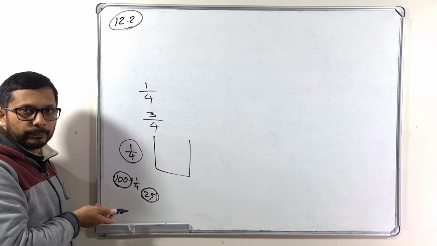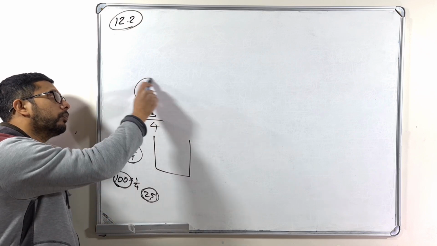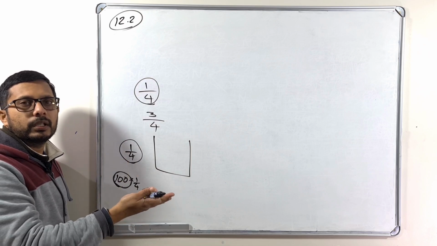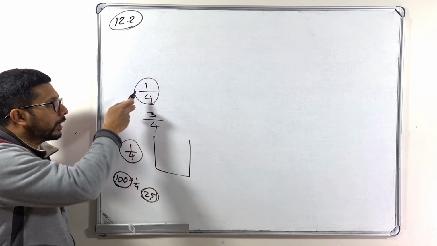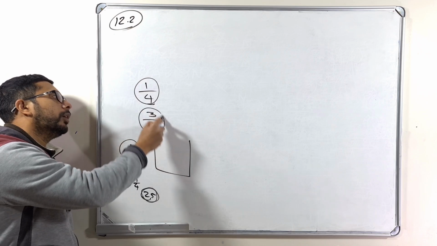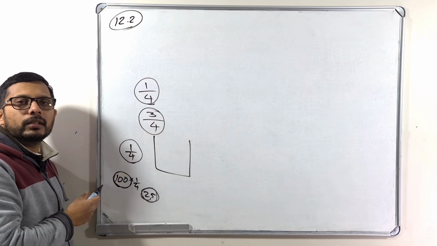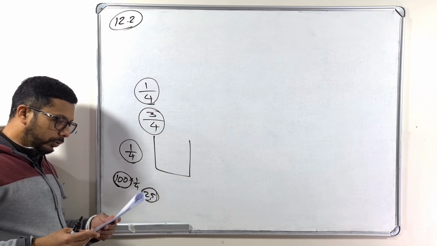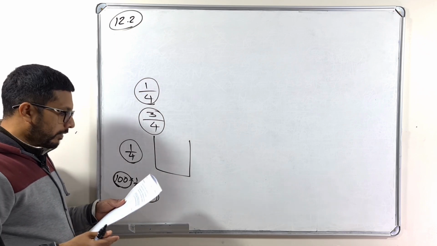Do you understand? They are saying that 1/4 of the gifts are mystery gifts, so we can understand that the remaining 3/4 are normal gifts. Now continue reading.